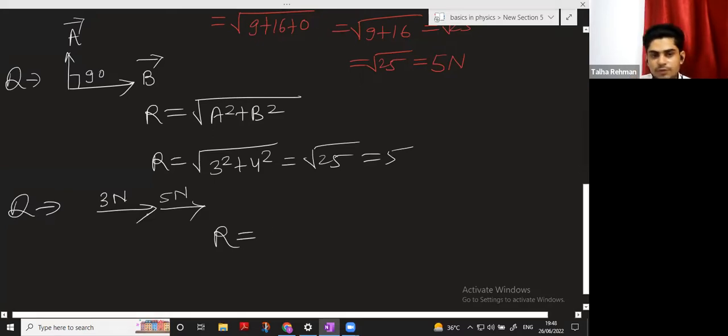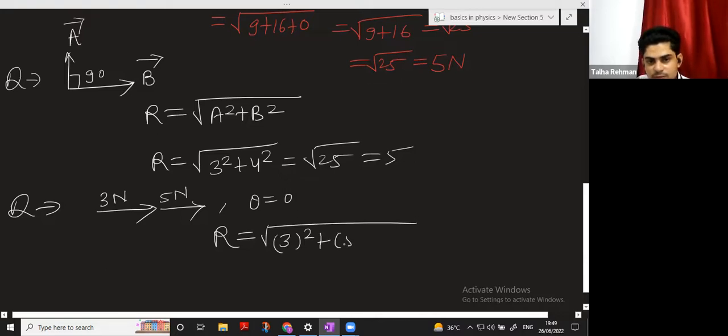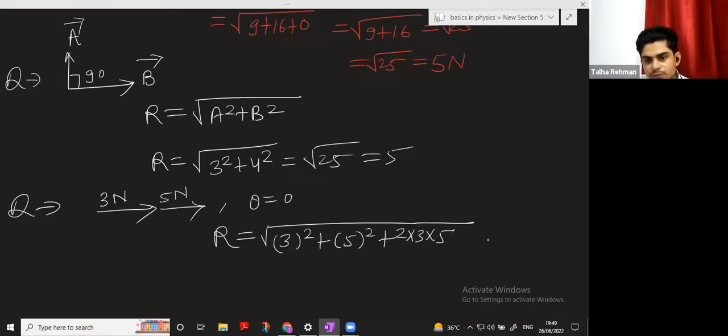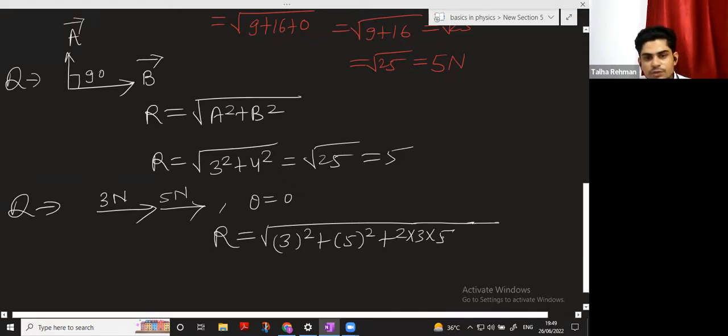You can also calculate what is the angle between these two arrows. Angle is 0 degree, na? Theta is equal to 0 degree. So we can use the formula. A square means 3 square plus 5 square plus 2 into 3 into 5 into cos 0.